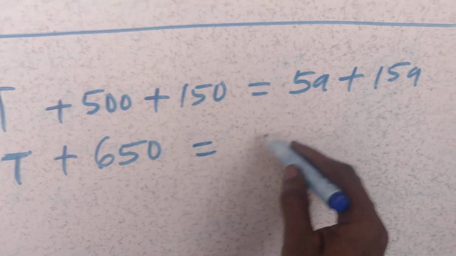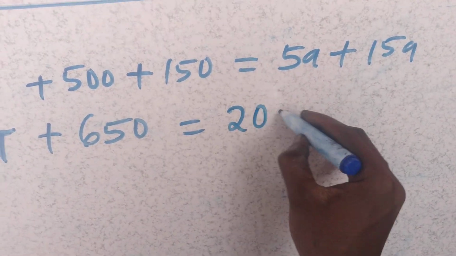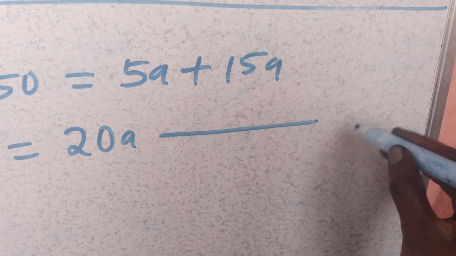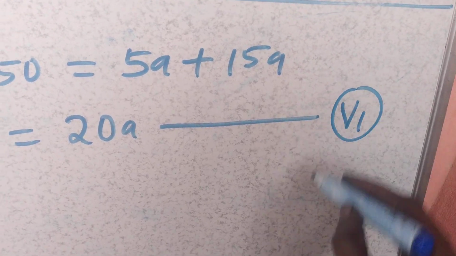It equals 5a plus 15a, which is 20a. I can call this equation 6.